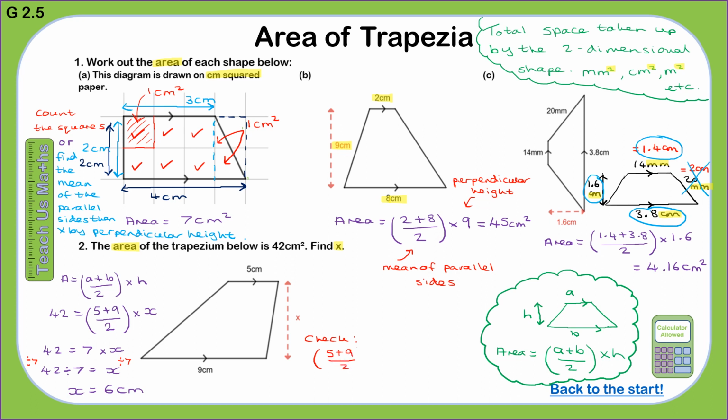So 5 plus 9 over 2 is 7, 7 multiplied by 6 is 42. Let's check our units. We had 5 centimetres, 9 centimetres and 6 centimetres, therefore our area should be in centimetres squared, and this is the area that was given to us in the question. So I'm happy that my answer for x being 6 centimetres is correct.